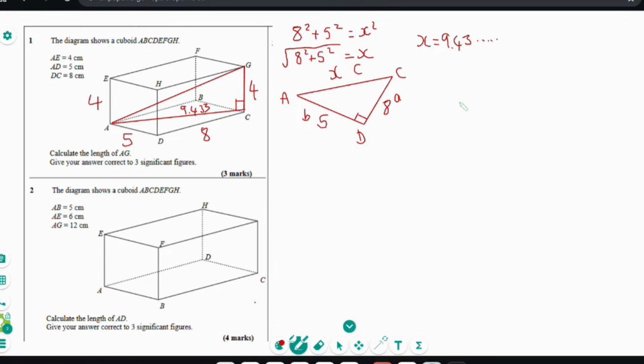Now we have our triangle GCA. Again, our hypotenuse is missing. A squared plus B squared equals C squared.